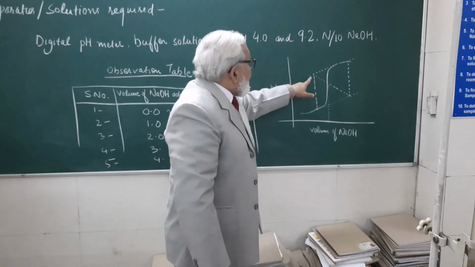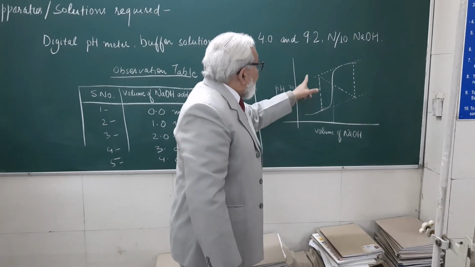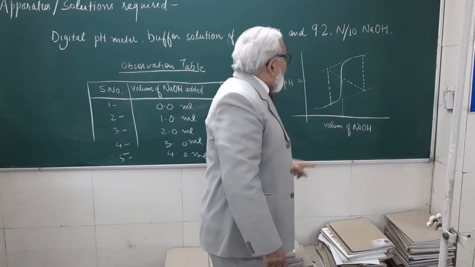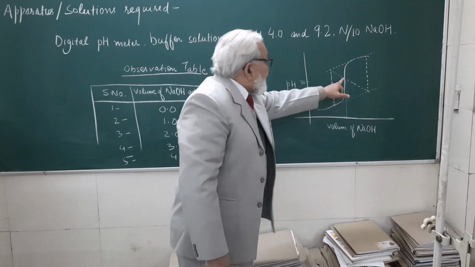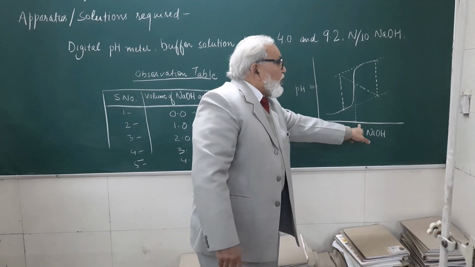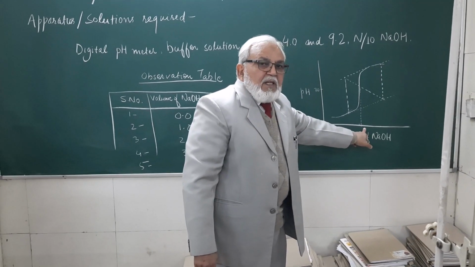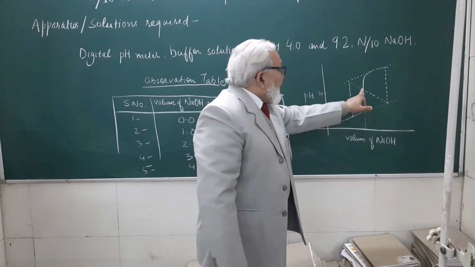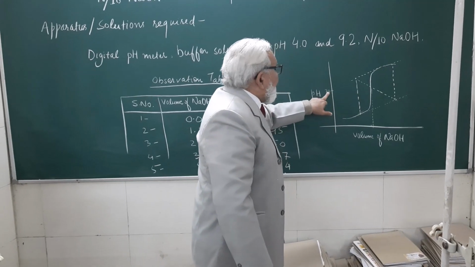Now by these readings we have drawn this curve, and on this curve we draw a parallelogram. The diagonal of this parallelogram gives the volume of NaOH used at the end point, and the pH at this stage will be nearing 7.